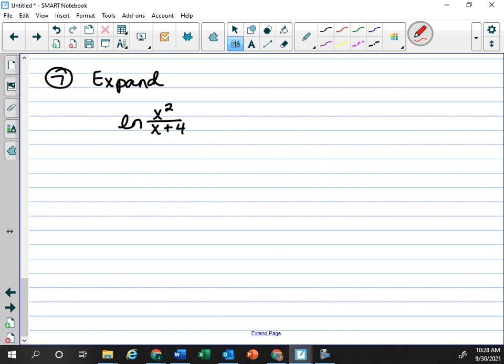So we're going to go ahead and expand because of the division first, and then we'll deal with the exponent. So this is really natural log of x squared minus the natural log of x plus 4. How many of you really want to split up that x plus 4? Feels like you should, doesn't it? You can't, okay?